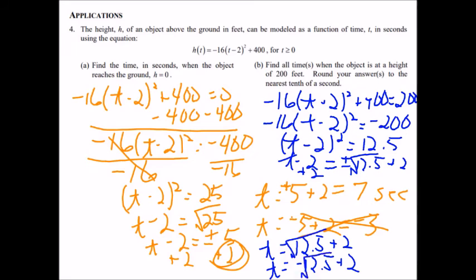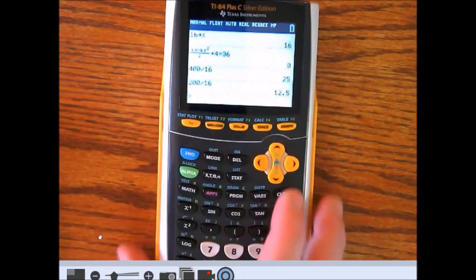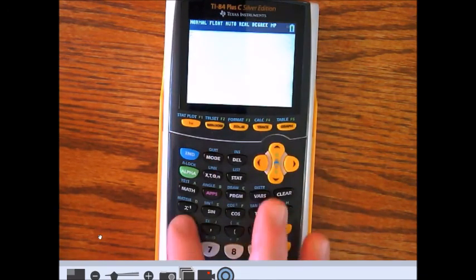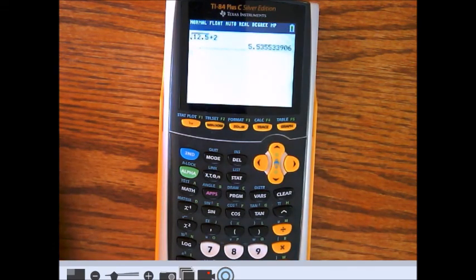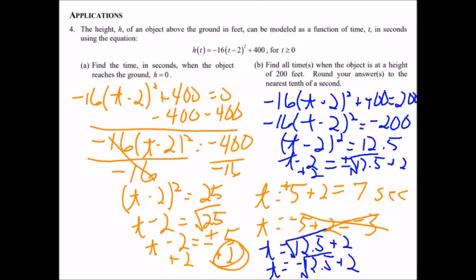All right, so I'm going to do this on my calculator. Let me show you this. I'm going to do the square root of 12.5 and then plus 2. So 5.5 seconds, rounded to the nearest tenth.